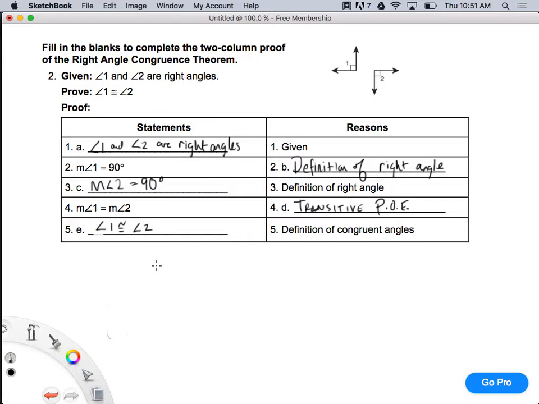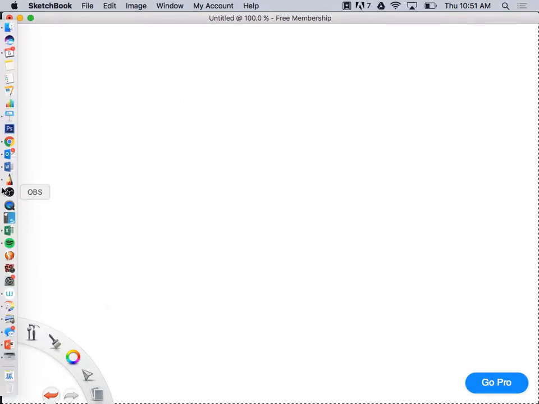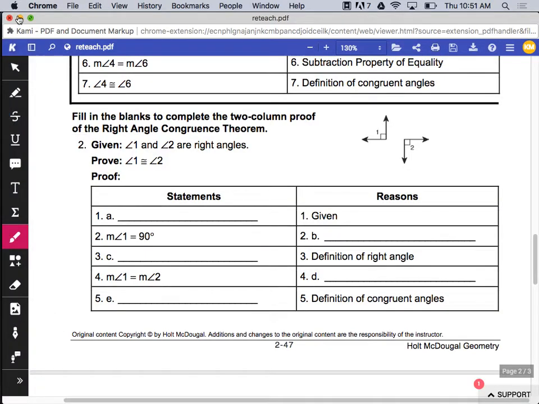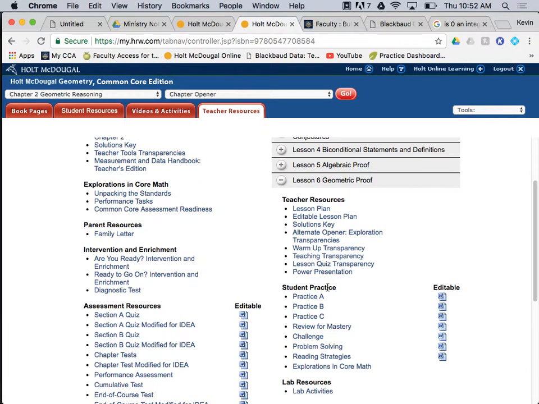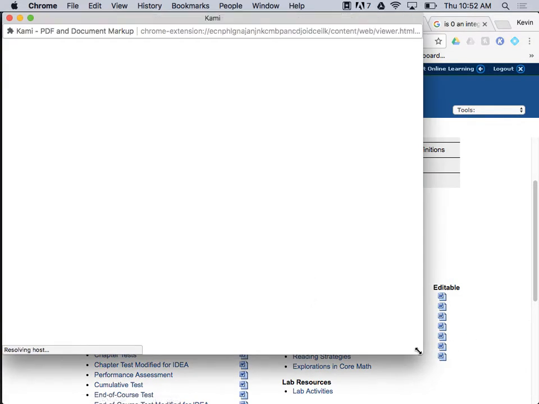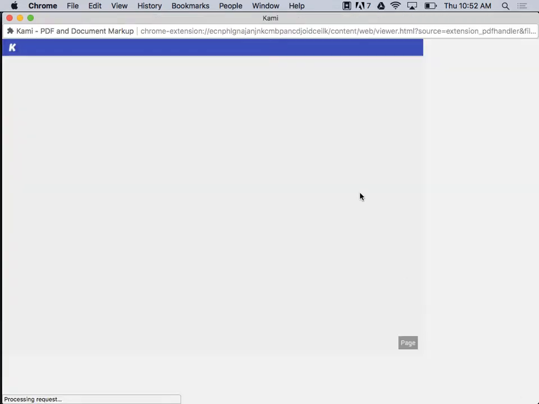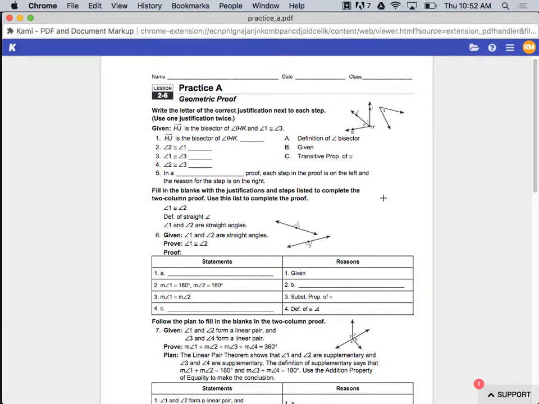This is exactly what we've already been covering today. If we look at practice A, we're going to try to get through that before the bell rings, or at least make considerable progress.